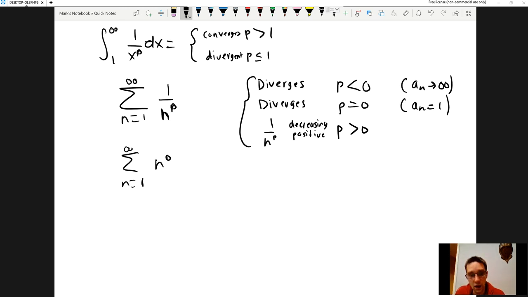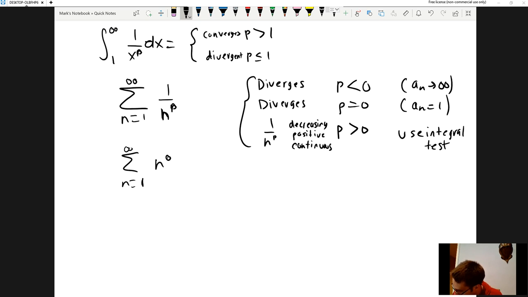And for n greater than 0, it'll also be continuous. And so we can apply the integral test in that case. And if you recall from our previous videos, the integral test says that if the integral converges, the sum converges. If the integral diverges, then the sum diverges.